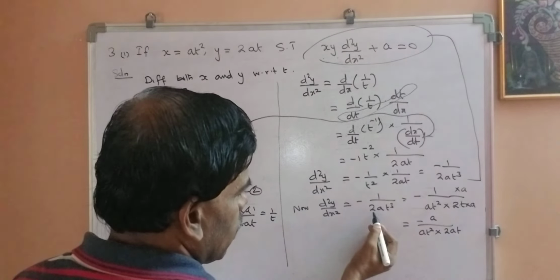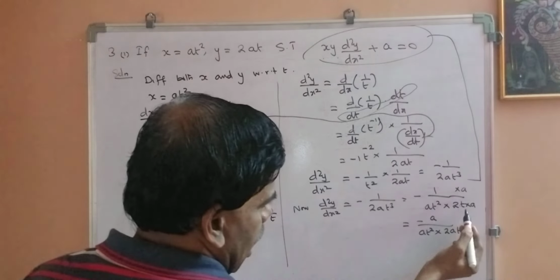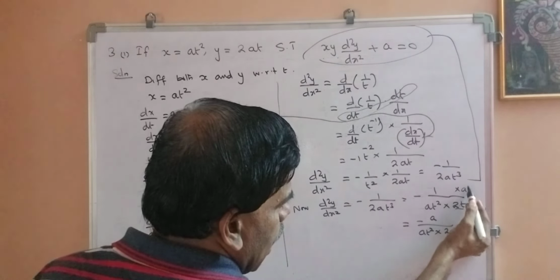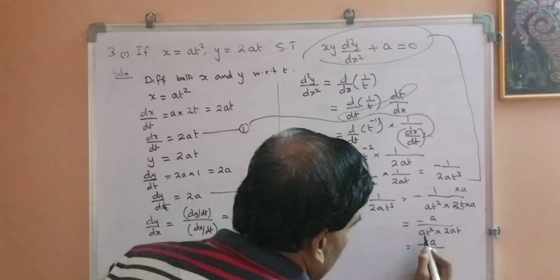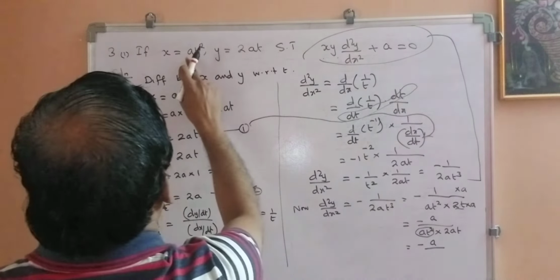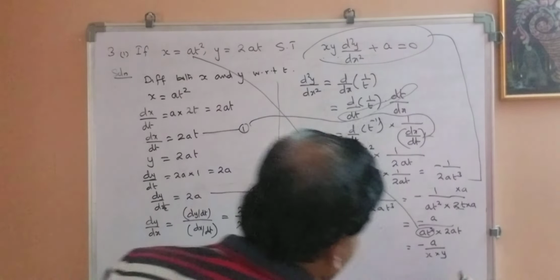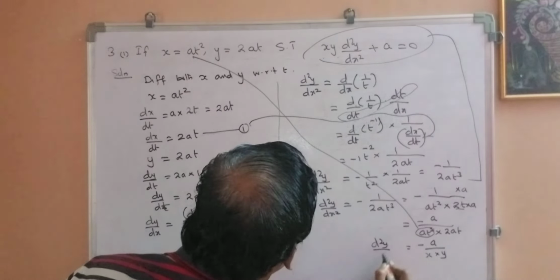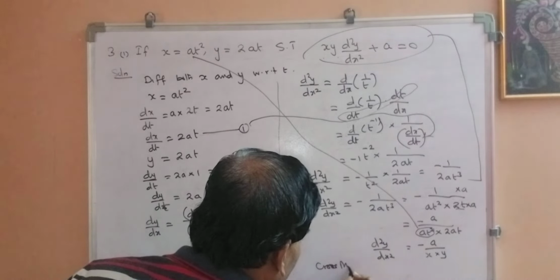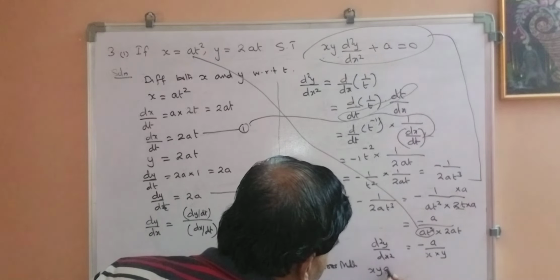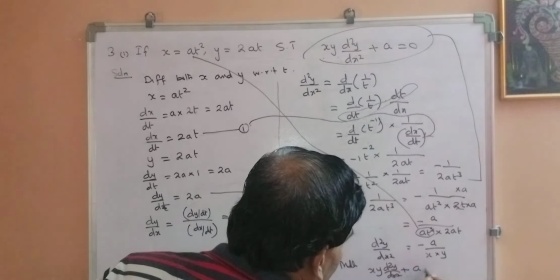See here what I adjusted, 2at cube: I have written at square, then 2t is there. Then I have multiplied a in the numerator as well as the denominator. Now minus a upon what is this? x. What is this? y. So d square y by dx square, cross multiply: xy d square y by dx square plus a equal to 0.